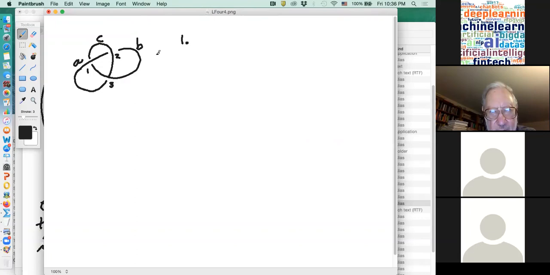The equation from crossing number 1 is 2a minus b equals c. The equation from crossing number 2 is 2c minus a equals b. And the equation from crossing number 3 is 2b minus a equals c.